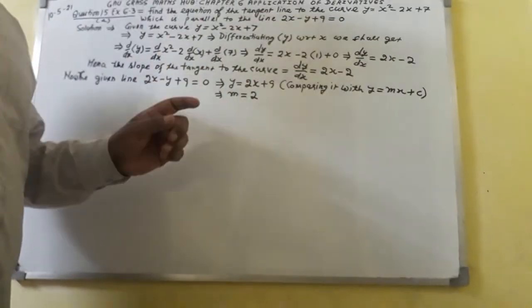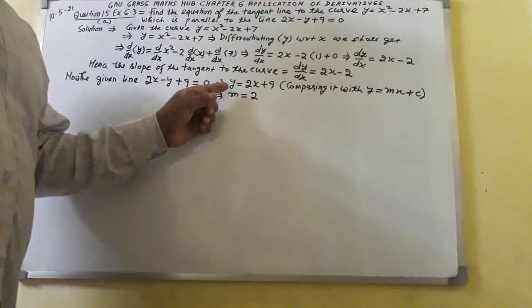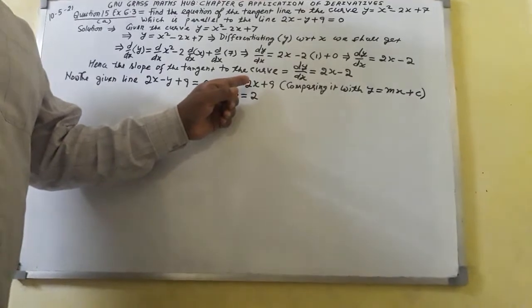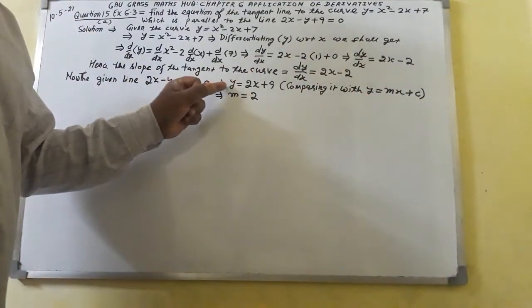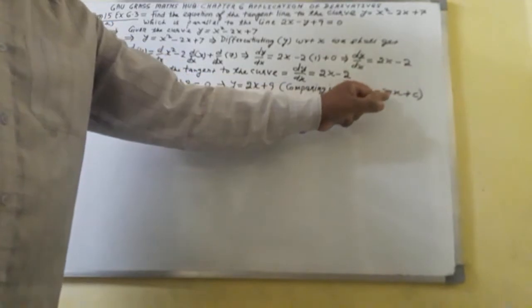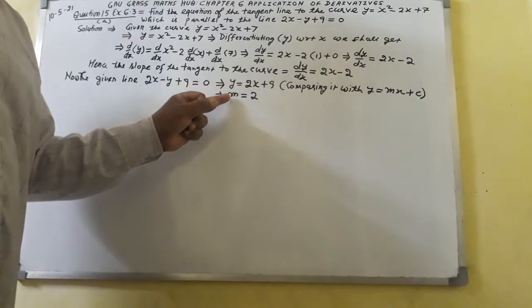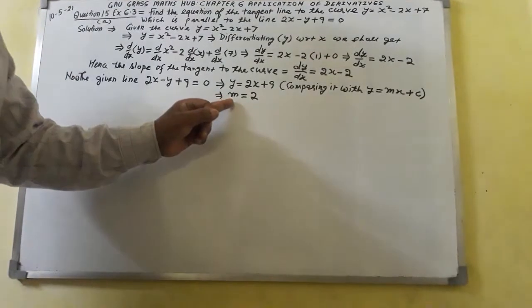Here y equal to 2x plus 9. This equation of line will be compared with the general equation of the line y equal to mx plus c. Here the coefficient of y is one, here the coefficient of x is m, here the coefficient of x is 2. So m is equal to 2, and here the constant is equal to 9. So m equal to 2.